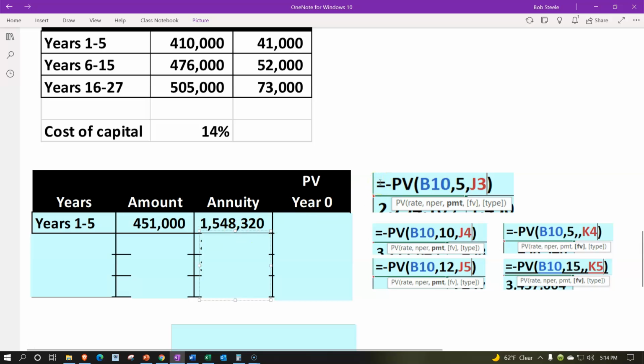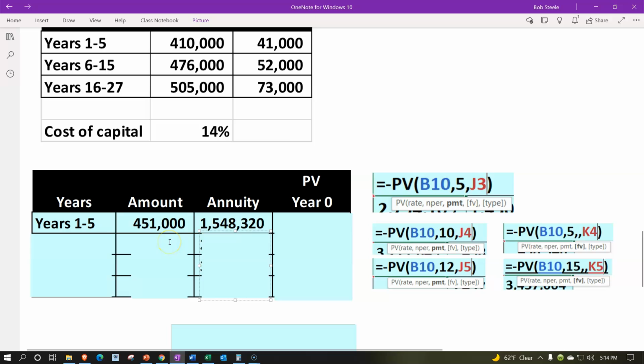We'd have equals the present value of the rate, 14%, comma, the number of periods is 5. It is hard-coded this time, given the fact that it is an annuity calculation. We're going to expect 5 years of a payment of $1,548,320 in the future. And then comma, the payment then is going to be the amount of, the payment is not the $1,548,000.